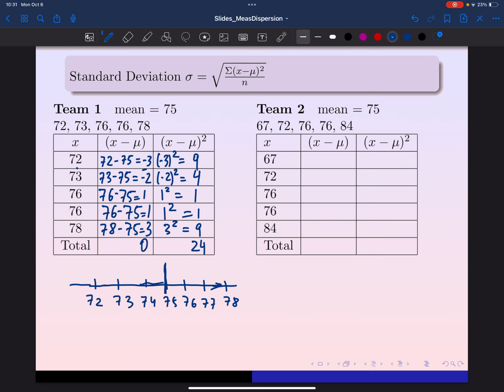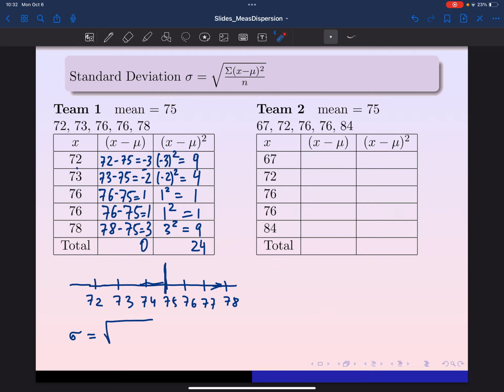So to calculate the standard deviation for the first team, we would have sigma equal to the square root of the added numbers. The added numbers are here.